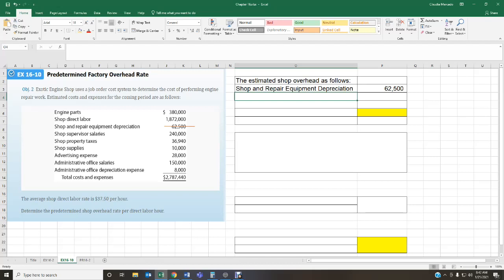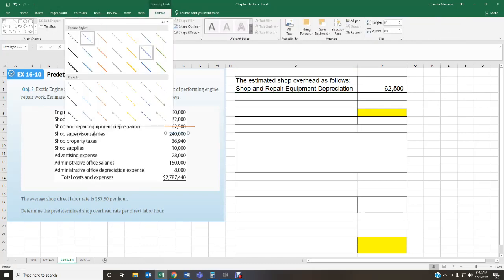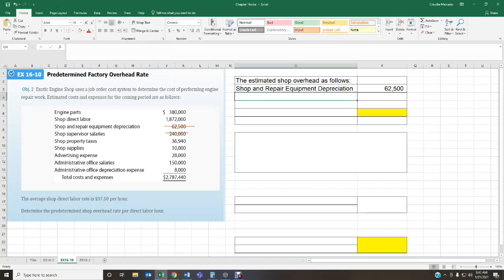So we have a shop supervisor salary, so we're going to include that as well in our overhead. That is not directly associated with the manufacturing. The supervisor didn't actually make any engines or anything. They were just supervising. So that's indirect. Shop supervisor salaries, 240,000.